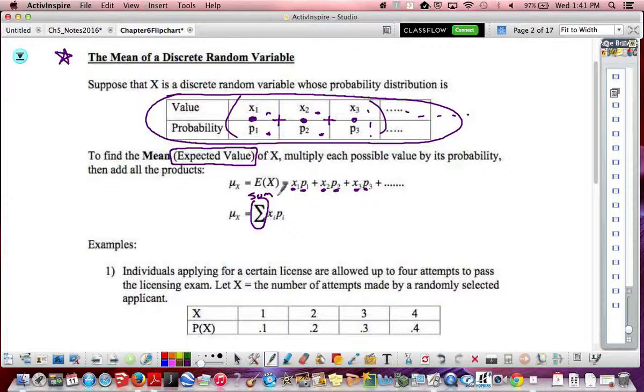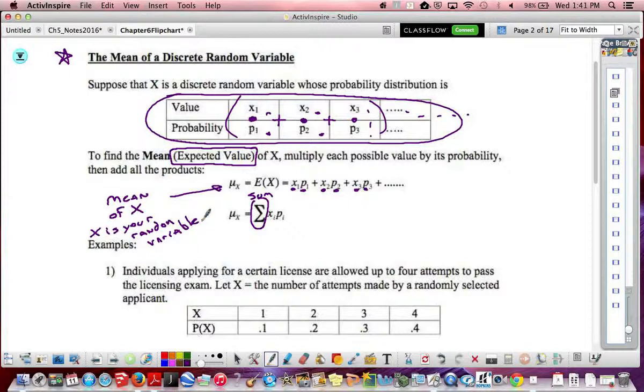Remember, sigma represents sum. So this symbol represents the mean, since it's a subscript, of your random variable x, where x is your random variable. So this is giving you the average.